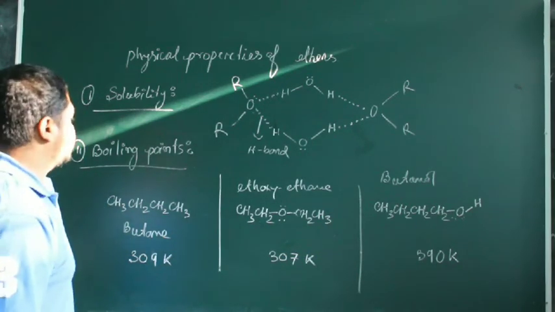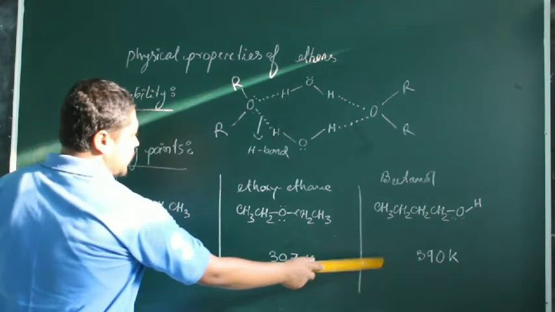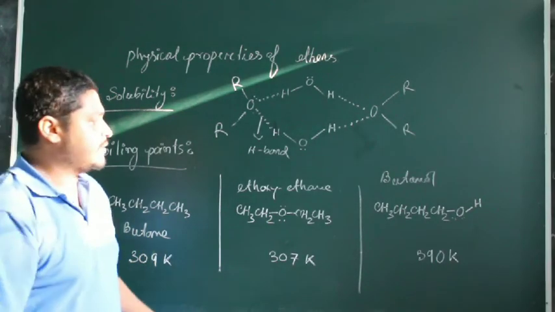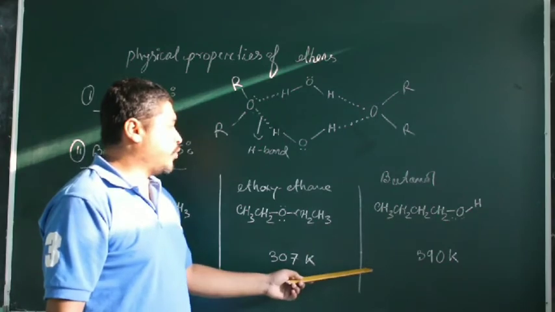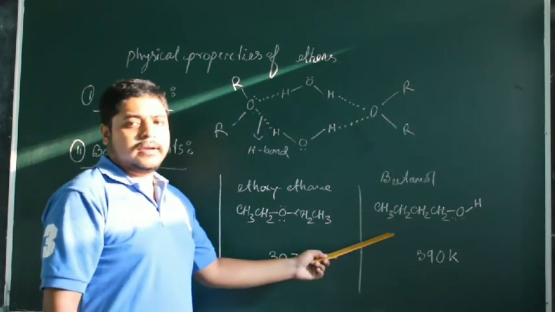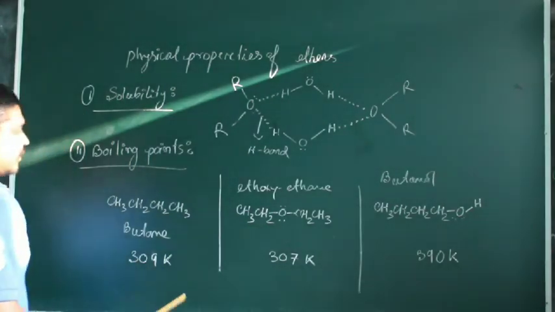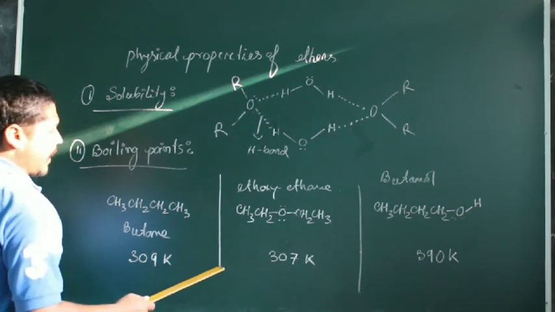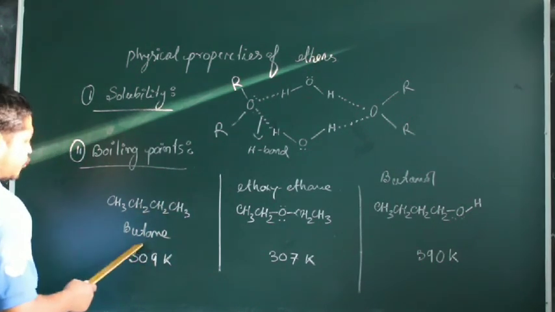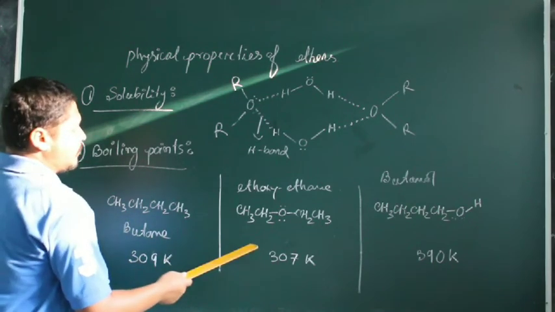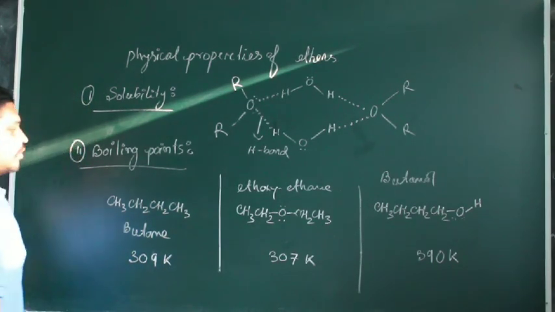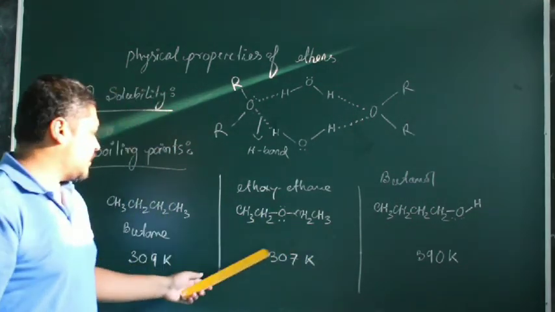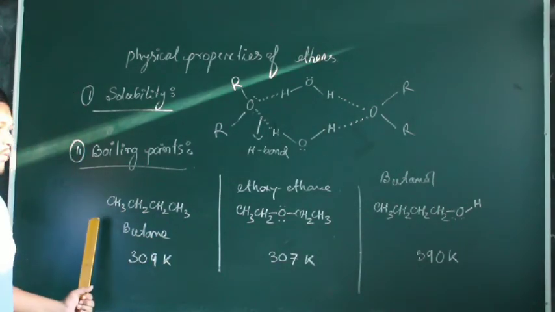The boiling point of butanol, an alcohol, is different compared to ether and butane, because hydrogen bonding is possible between two molecules of butanol, but it is not possible between molecules of butane or between molecules of ethoxyethane. So the boiling point of butanol, the alcohol, is much greater than that of ethoxyethane, the ether, and butane, the hydrocarbon.